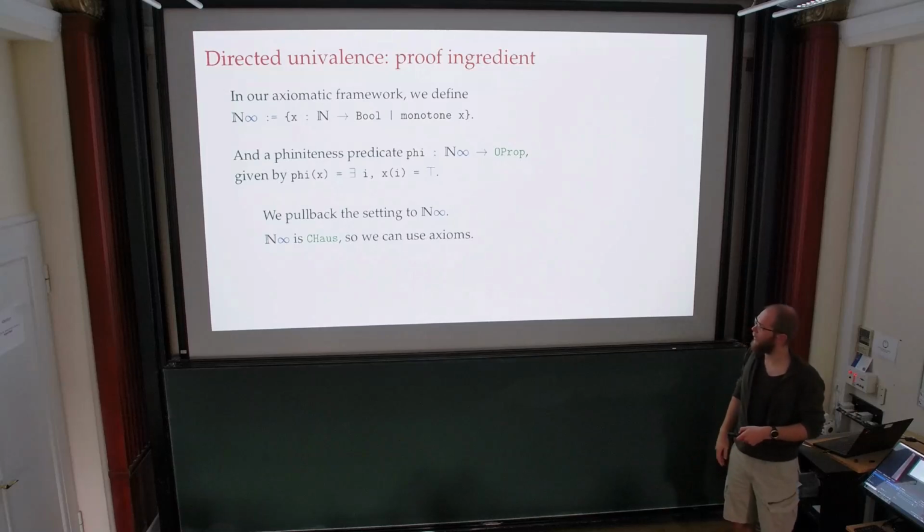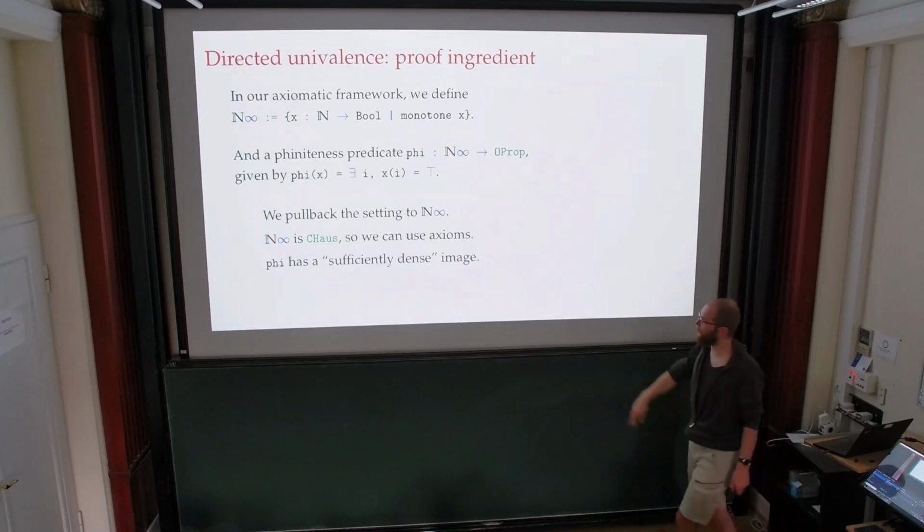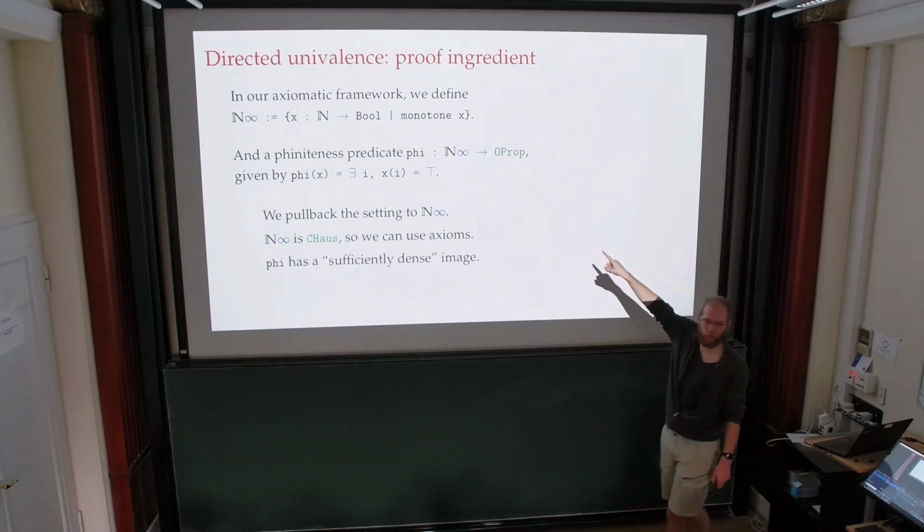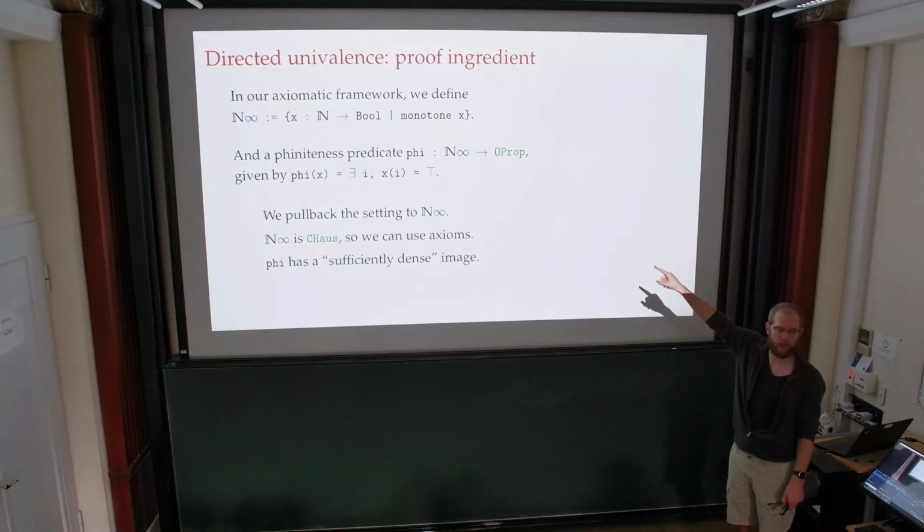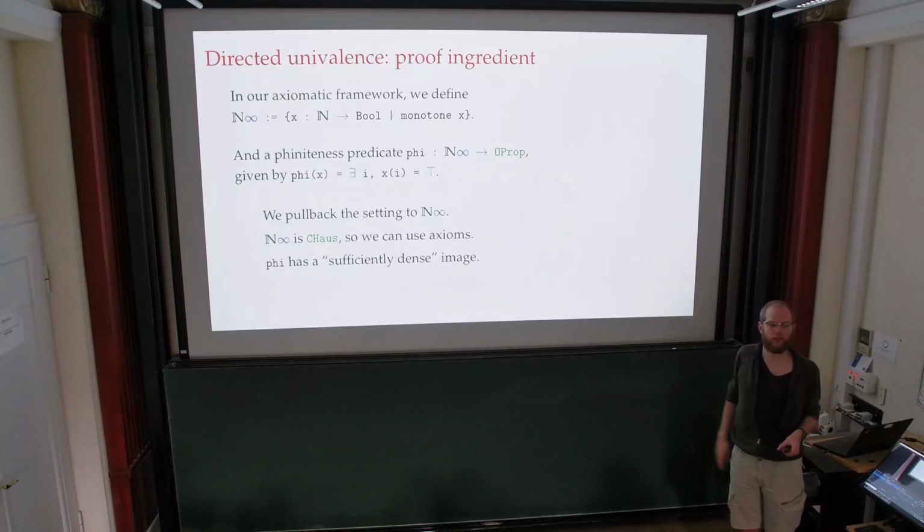Okay. And so now we can use our axioms about it. We can apply them to n infinity. And the other point is that phi, we cannot prove that phi is surjective, but we can still show it's sufficiently dense in some sense.